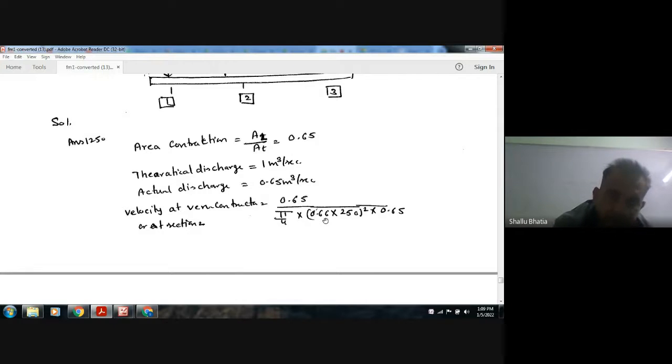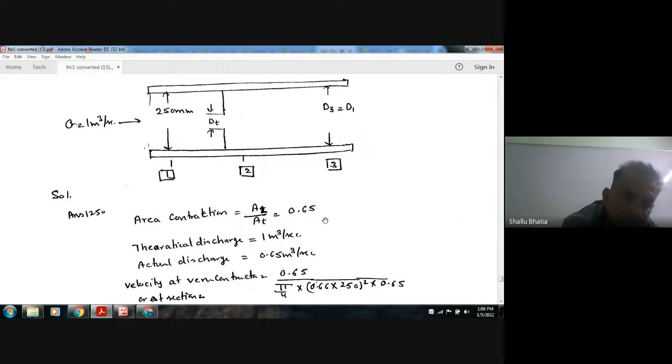Now the area at this section is according to 50 mm, and this D1 is 0.66.